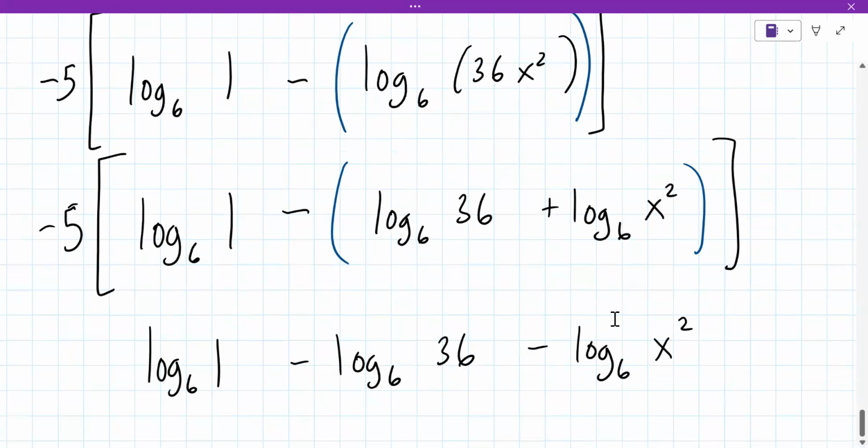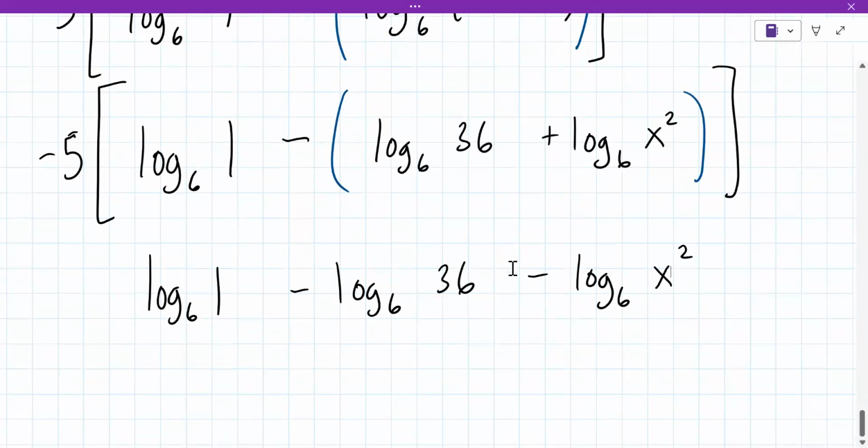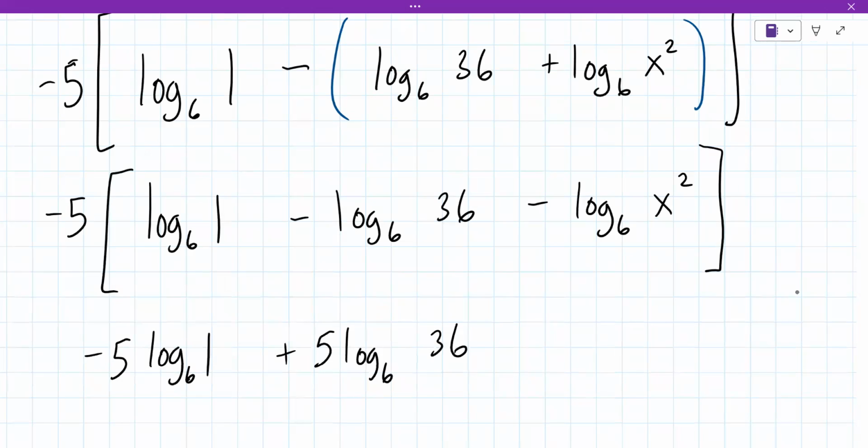The denominator of 36 and an x squared was negative and negative. So the things in the top are positive, the things in the bottom are negative. But now we have this -5 that we can bring out. So we have -5 log base 6 of 1 plus 5 log base 6 of 36 plus 5 log base 6 of x squared.